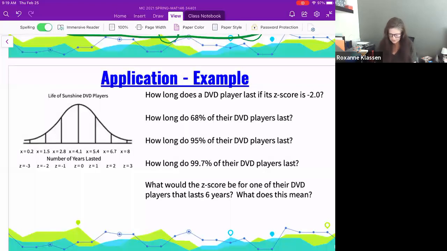Everybody have it ready in the chat? All right. 3, 2, 1, go. I love that so many of you put units on there. Good job.